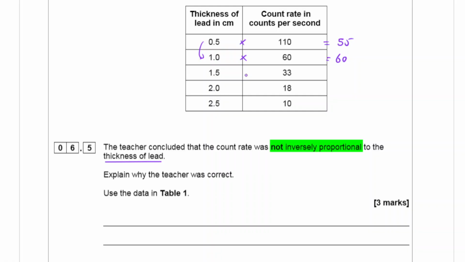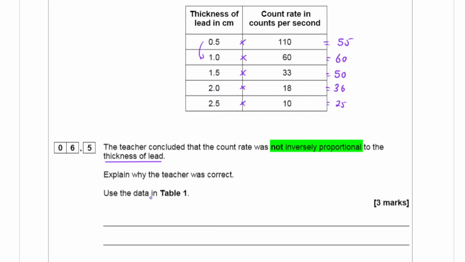Those two values are not the same. 1.5 times 33.3 is 50. 2 times 18 is 36. 2.5 times 10 is 25. So as you can see, all these values are different, so it cannot be inversely proportional.